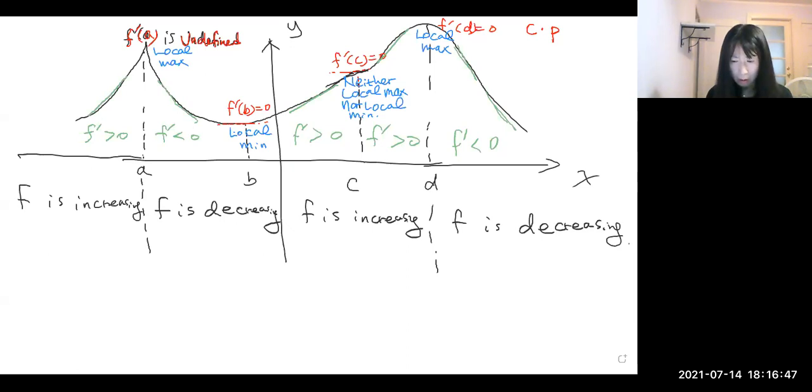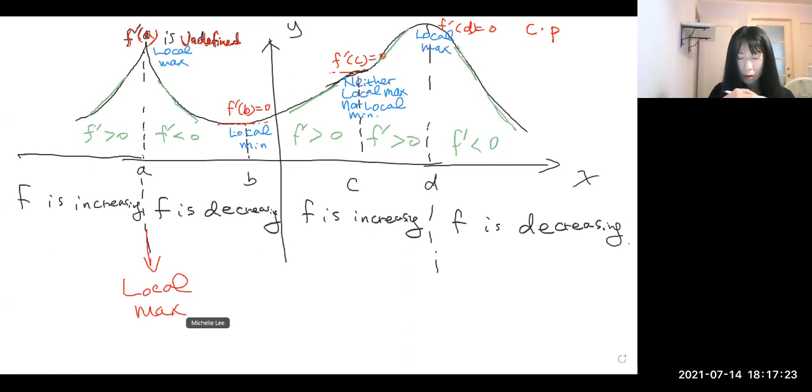Now, can you realize that if we have f increasing, decreasing, increasing, decreasing, there's a local maximum? Can you see that? Local max.